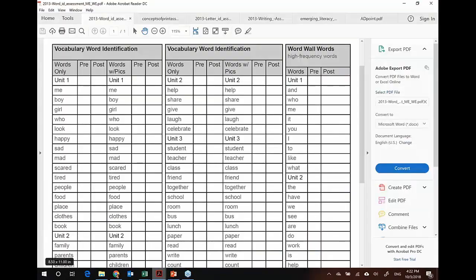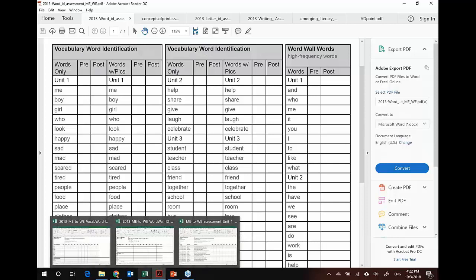So back to that word wall ID, the vocabulary word identification and the word wall identification. So this 3rd column deals specifically with reading the word wall words, identifying those words, as opposed to understanding the vocabulary words.